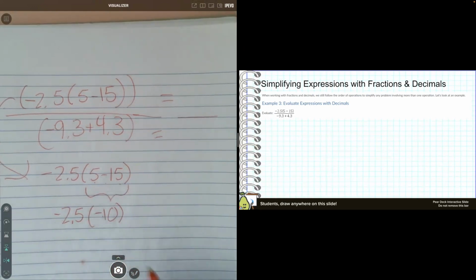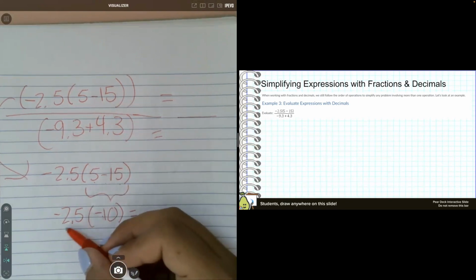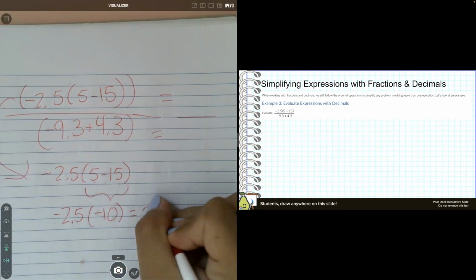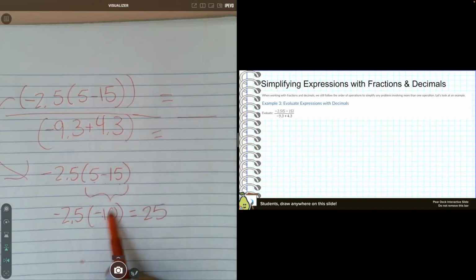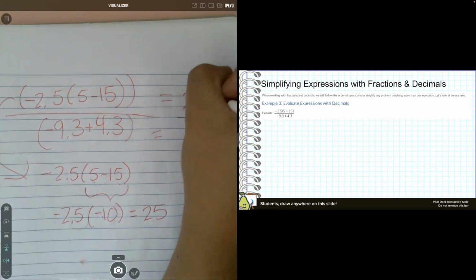A negative times a negative will give me a positive number. And 10 times 2.5 is 25. Whenever you have anything multiplied by 10, you just move the decimal over to the right one. So this is positive 25. Numerator is positive 25.